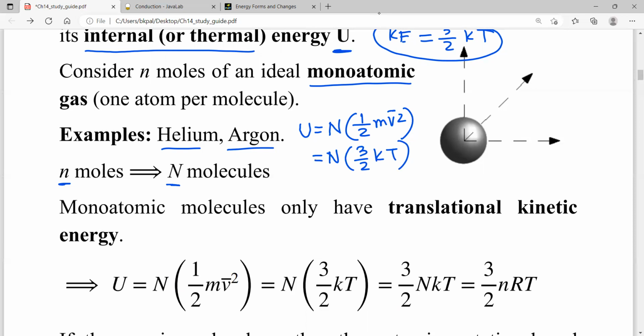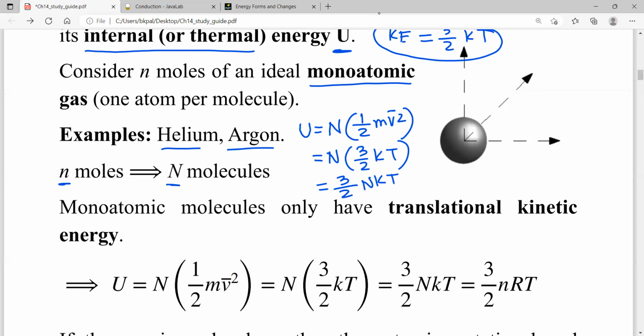All right, that is what you learned from the kinetic theory of gas. So this tells us that for a monoatomic gas, the internal energy or the thermal energy is this.